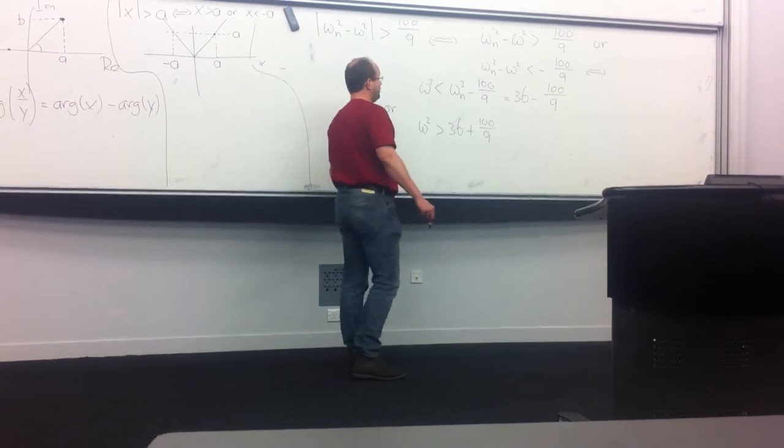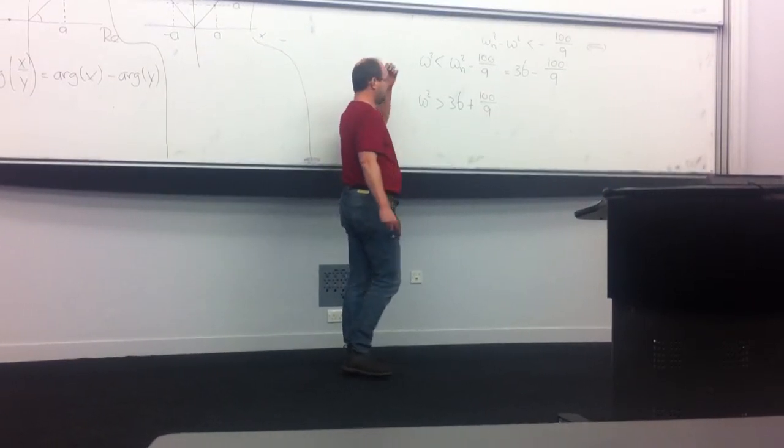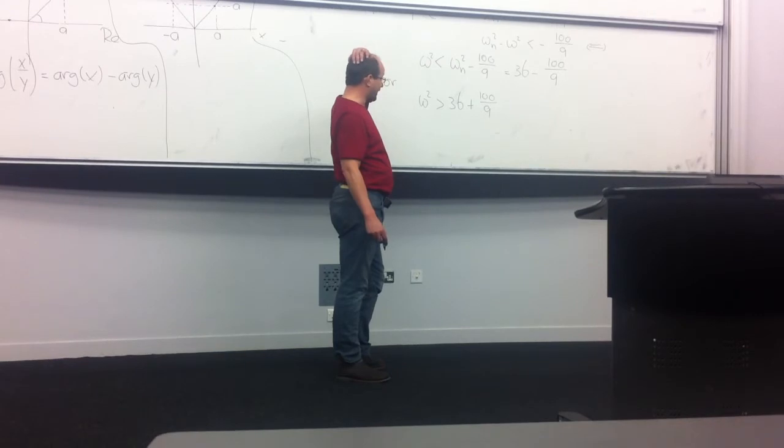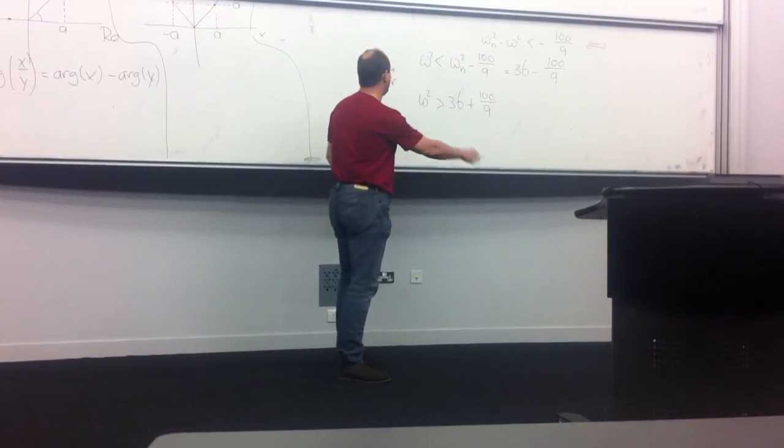Now you can take out your calculator, calculate 36 minus 105.9 and take square roots.